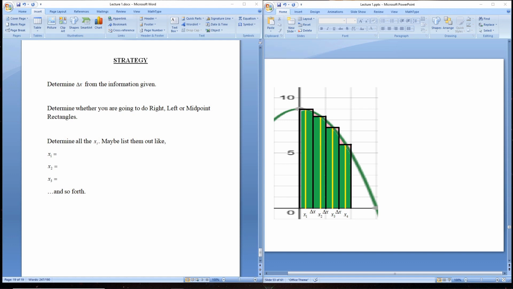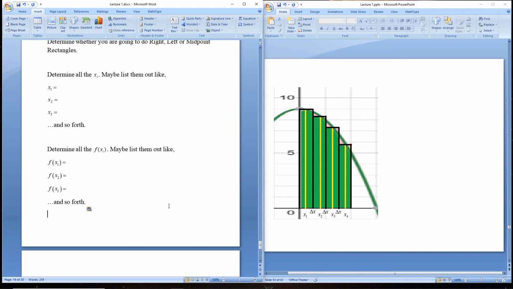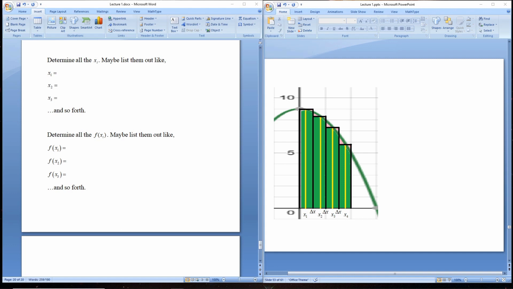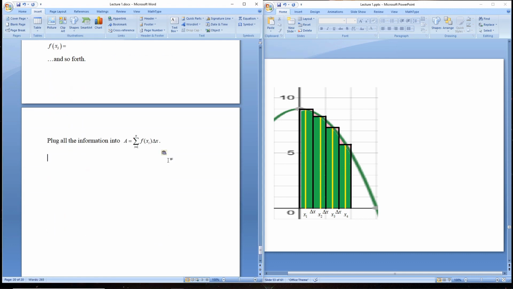Once you have all your x sub i's, remember those are the positions where the rectangles are. Once you know where they are, you can figure out their height. And that means taking all these x's and plugging them into the function. And again, I think a good thing to do here is just to list them all out. And now once you have these function values, which are the heights of the rectangles, we're then going to take all that information and plug it into our general formula for the area.